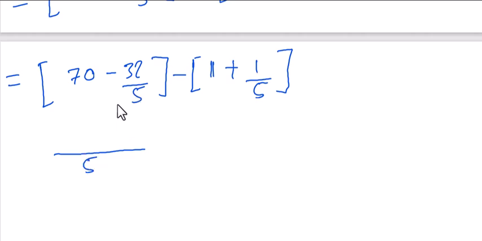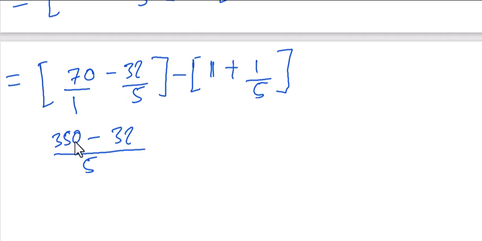So 5 into this, there is an invisible one there, 5 multiplied by 70, we're going to have 350. Then 5 into 5 is 1 multiplied by 32, which is just going to be 32.